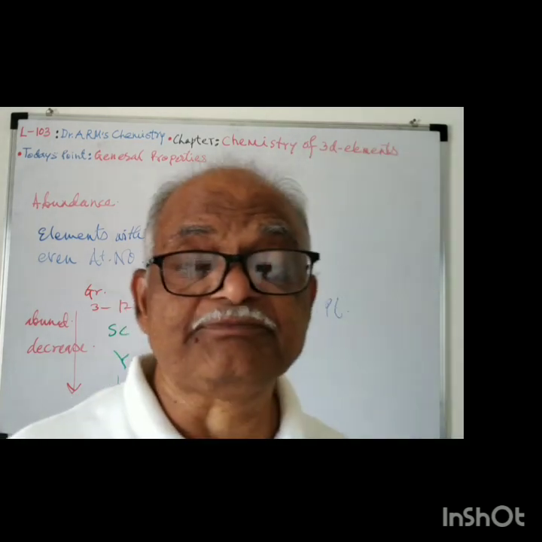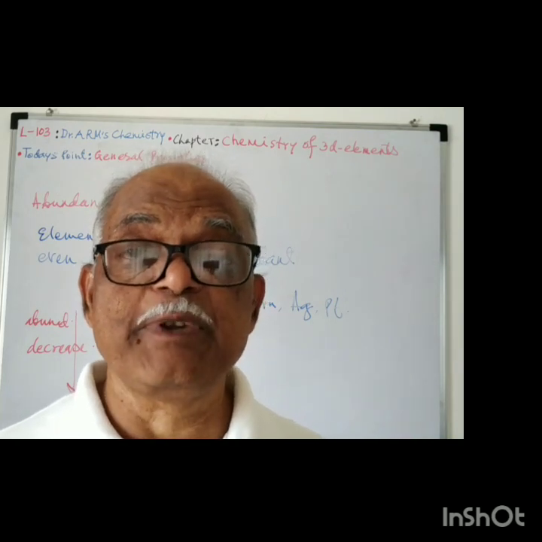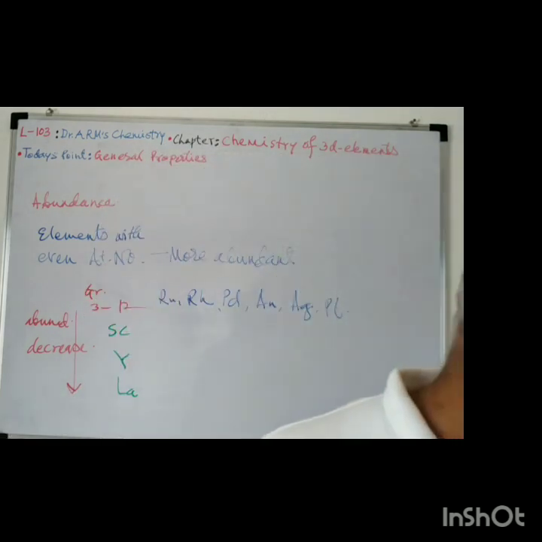Their abundance is much less than 0.15 ppm, that is, parts per million.